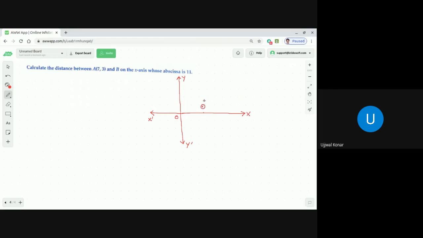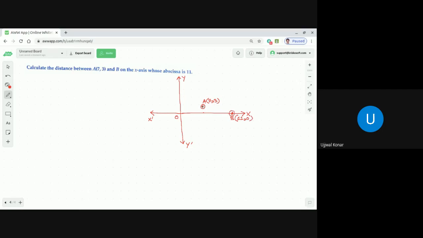So this is the point A whose coordinate is 7, 3. And another point B on the x-axis. So the point B is here on the x-axis whose abscissa is 11. So that means it is 11, 0, because for any point on the x-axis, its y coordinate is 0. So this is the point B.